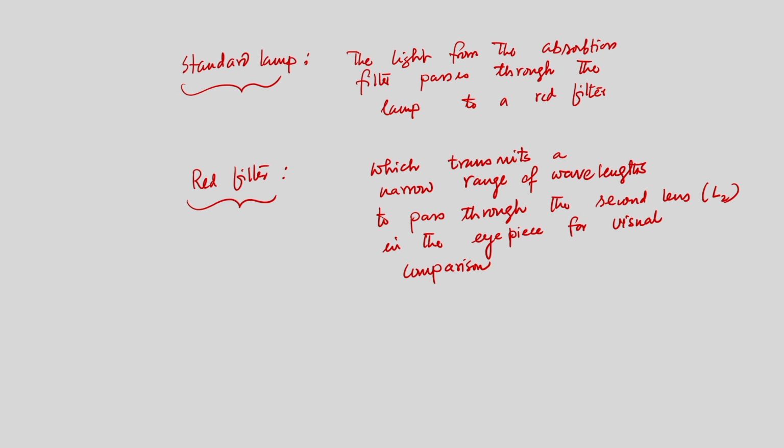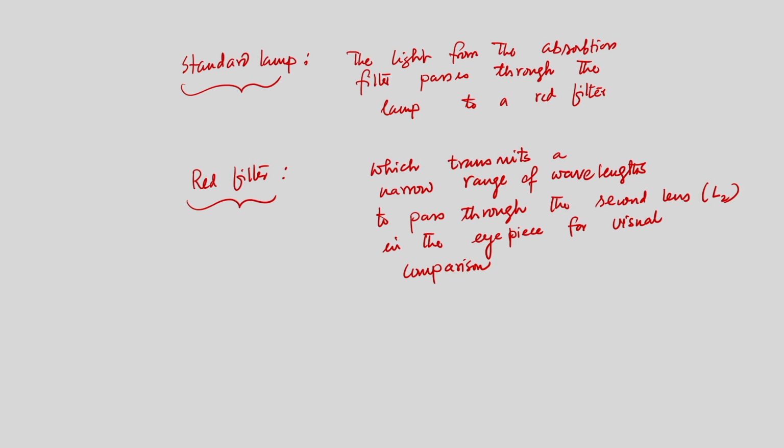If we are interested in the temperature of a particular point or object, that object or point will produce visible light, and that light is taken through the first lens and comes into the absorption filter, which is used to reduce the intensity of the light.